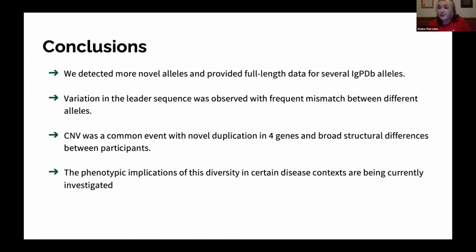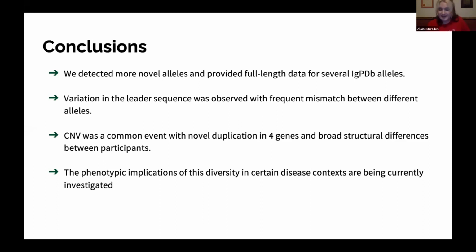So in conclusion, we were able to detect even more novel alleles than we saw previously, indicating that we're always at the tip of the iceberg when it comes to African genomics. And we were able to provide full-length data for several IGPDB alleles. We were also able to look at variation in leader sequence in a lot of individuals and found that there was frequent mismatch between the leaders of different alleles.